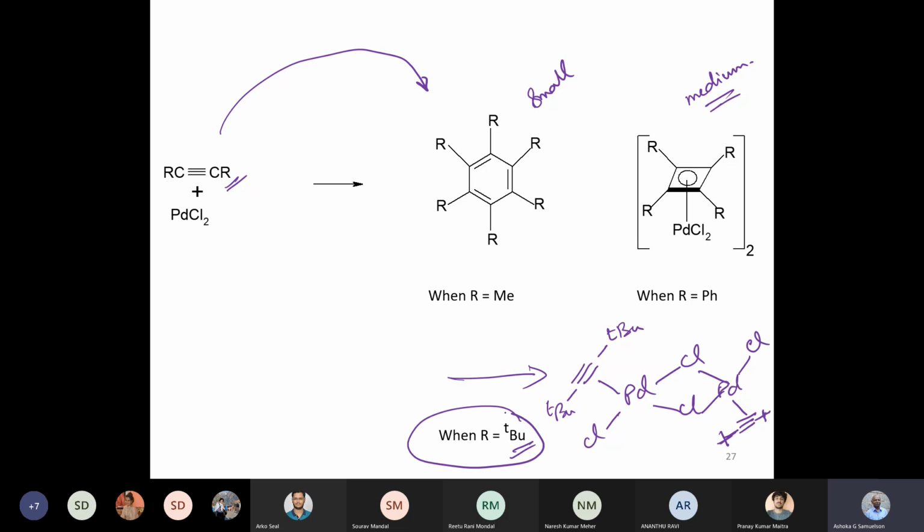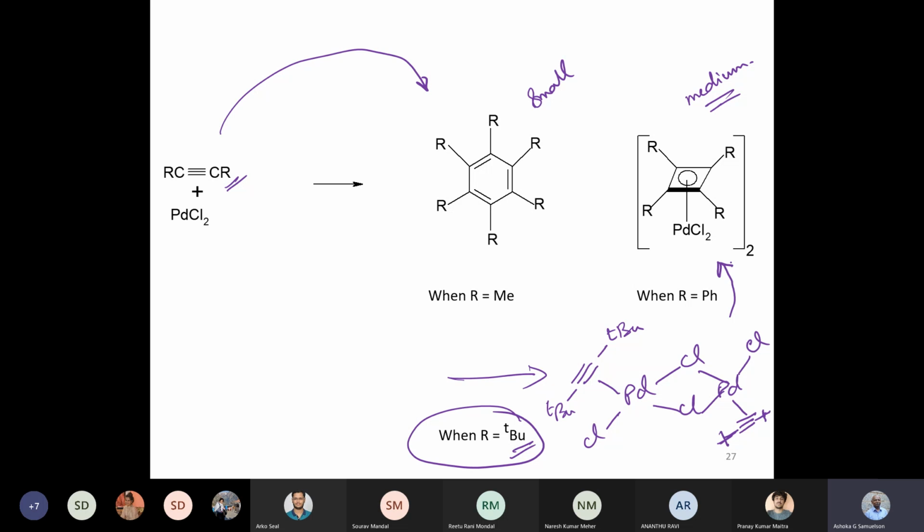So if I have a very bulky group, the reaction stops in the first step, just coordination of the palladium to an alkyne. If I have a medium sized group, then the reaction goes to the second step, which is just coupling of two alkynes.